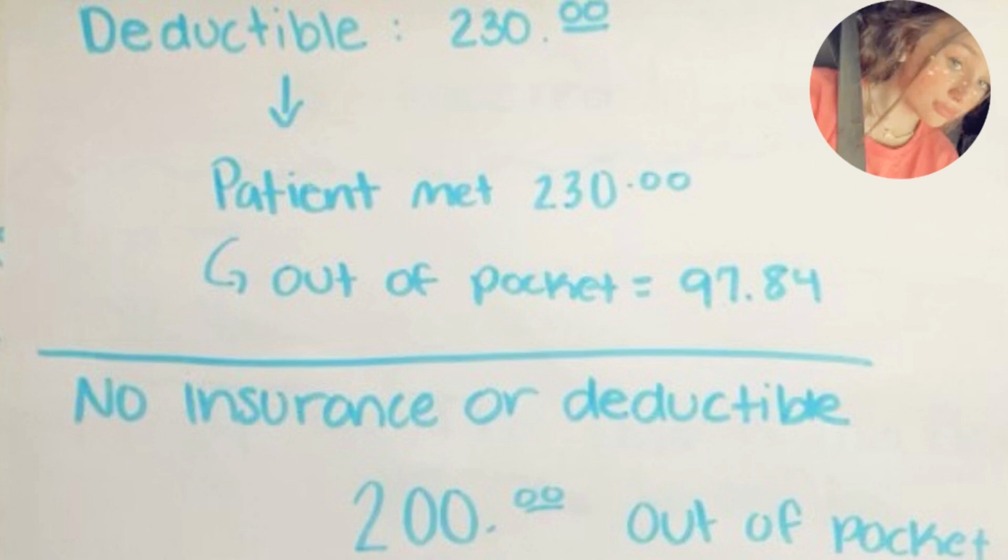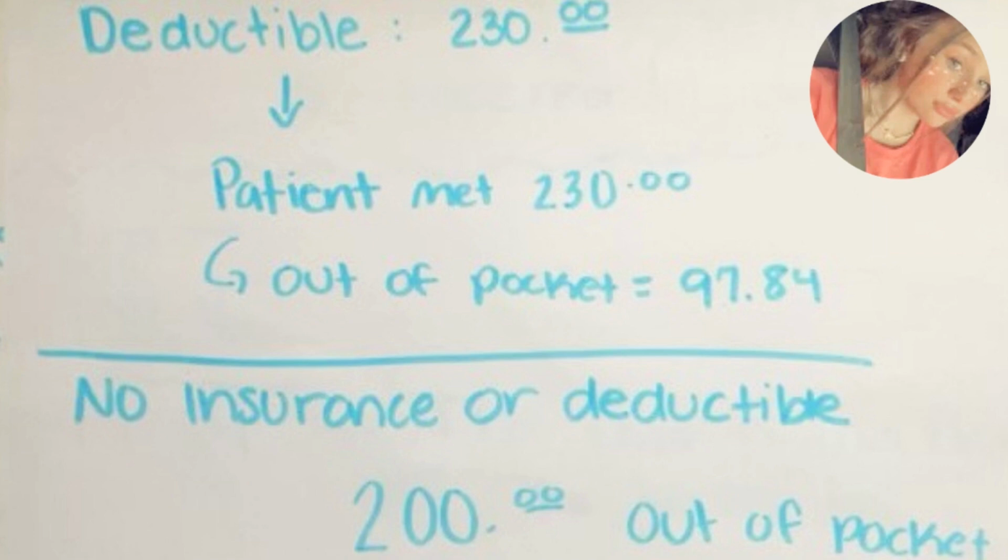Okay, so from the math problem that I just showed, the deductible that has to be met for the patient, which is like a requirement almost, the deductible is $230, and the patient has to meet this $230. And furthermore, they will have to pay $97.84 out of pocket.